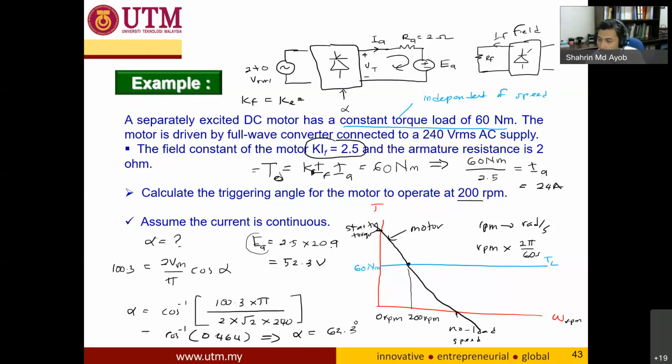Please always use radian per second for rotation. If you receive a question where the speed is given in RPM, you need to convert it into radian per second.